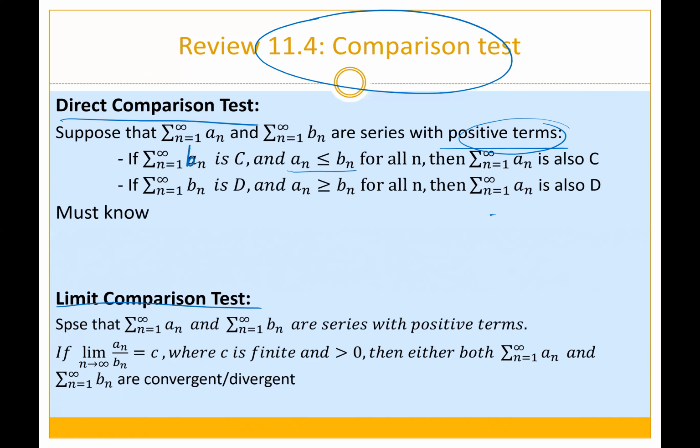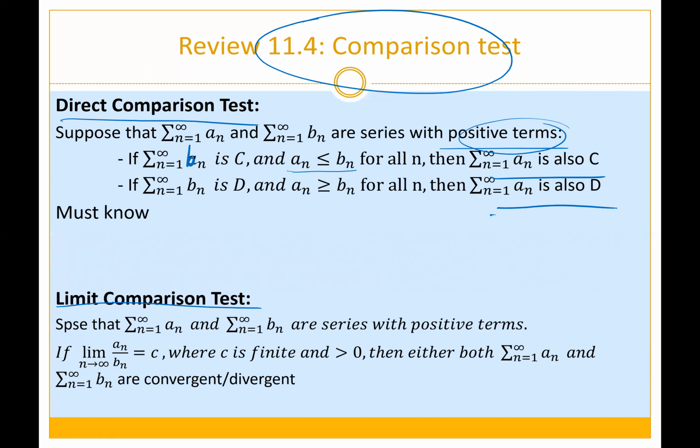Yeah, this is bn. And similarly, if bn is divergent and you have a series bigger than that, so a smaller one is already divergent, then the bigger one is also divergent.